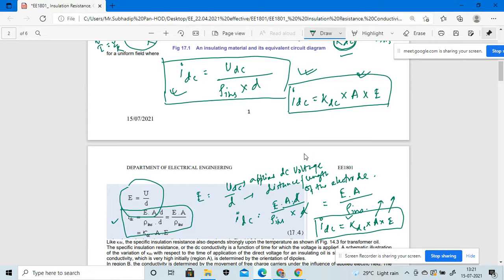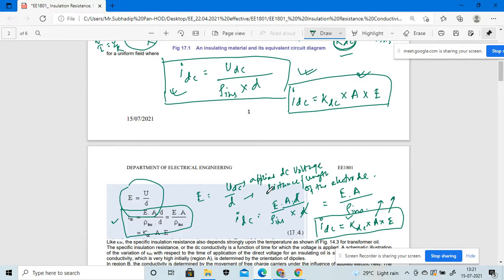You need to remember both of these equations for calculating the DC resistance and the DC current for different equivalent circuits with specific values of the dielectrics, right?